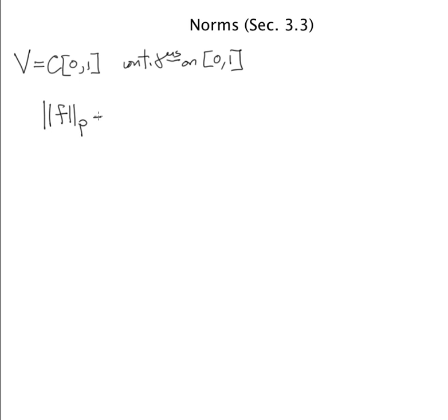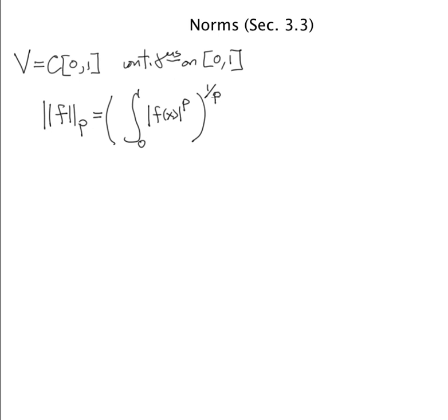And this definition has a key generalization to the vector space of continuous functions on an interval. Let's say the interval 0, 1. You define the p norm of a function is you integrate the absolute value of f of x to the p, and you take the whole thing to the 1 over p.